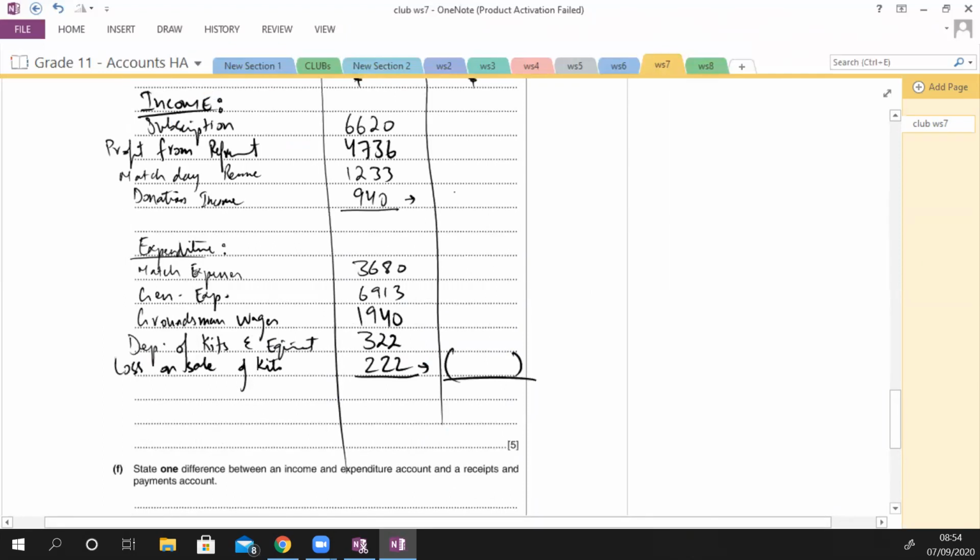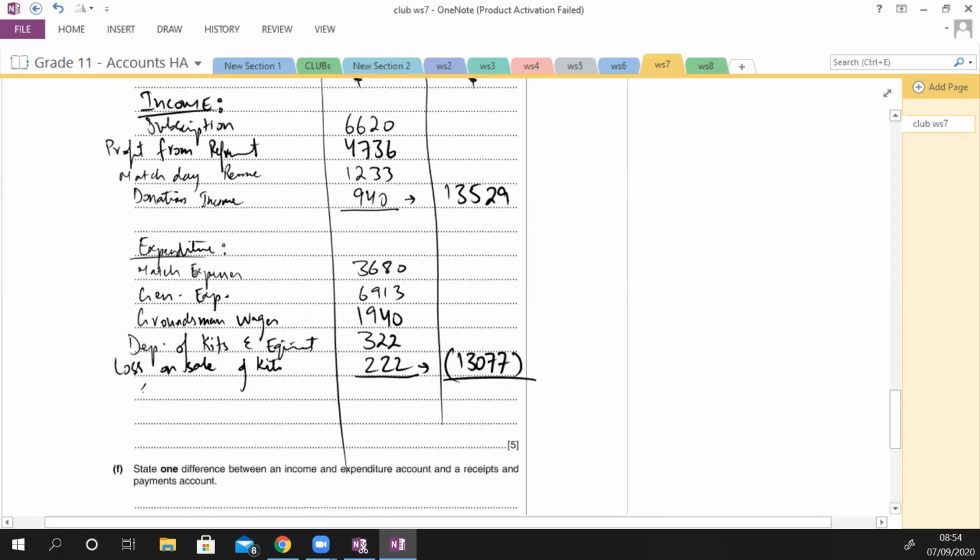Income minus expenditures, you'll see either a surplus or a deficit. Can anyone tell me the total of income? So 13,529 is the total of income. What about expenditure? So 13,077.